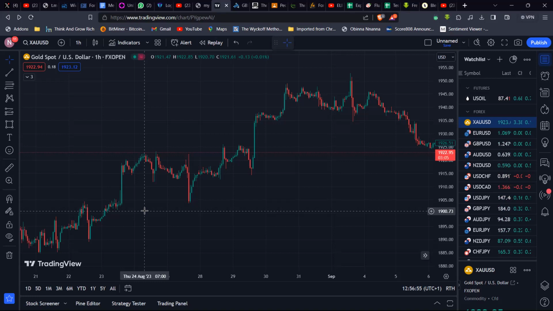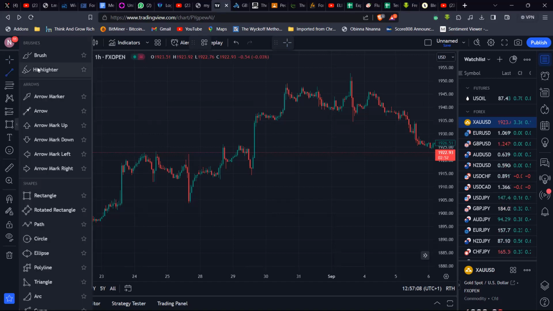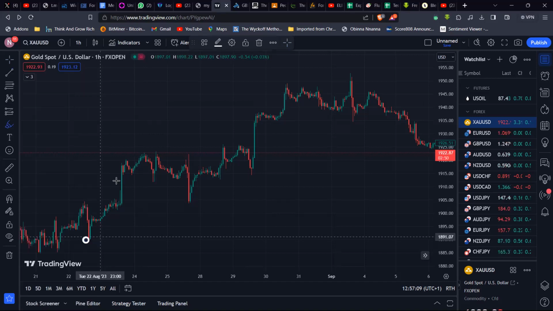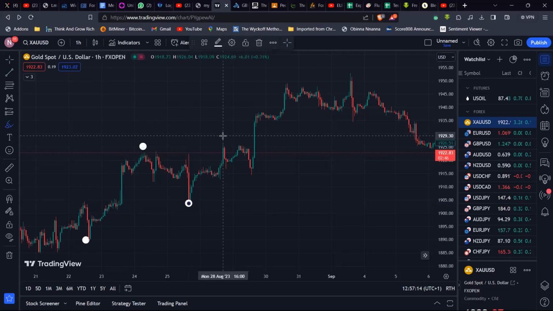So in the same way here, at this particular point, let me use this instead. I'll just highlight the structure.